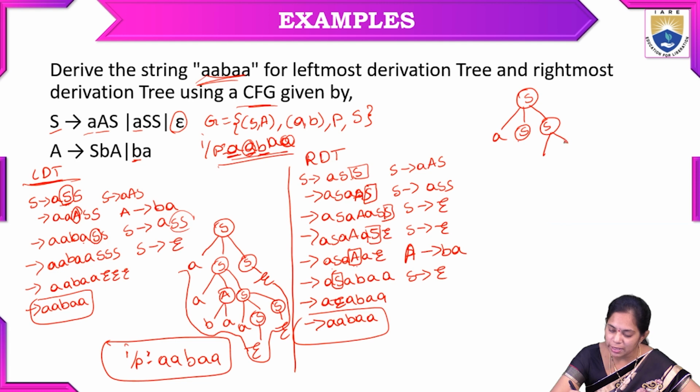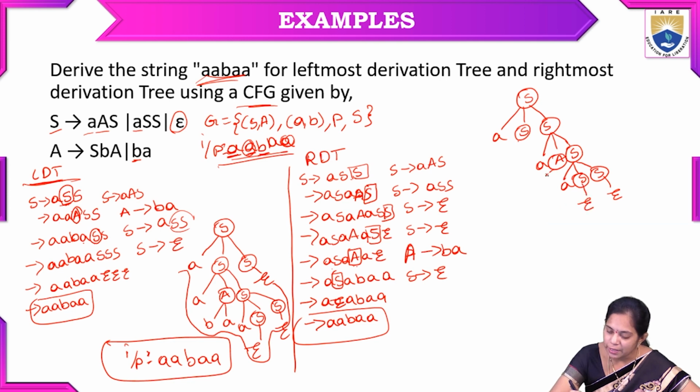So instead of this S, we take A, S. And we substitute this S with A, S. And here we replace this rightmost symbol with epsilon.